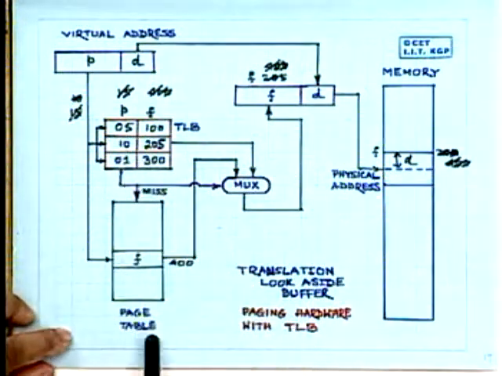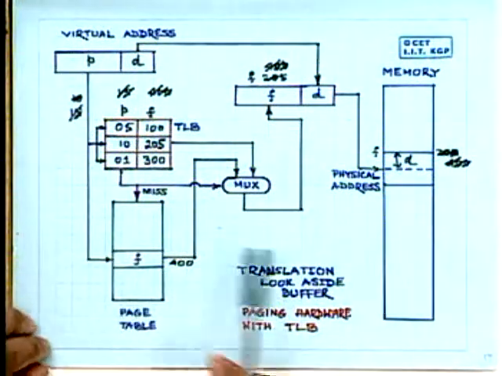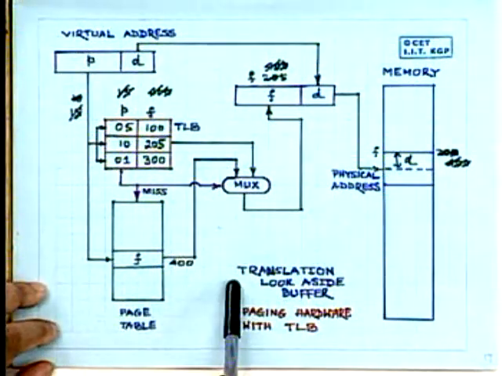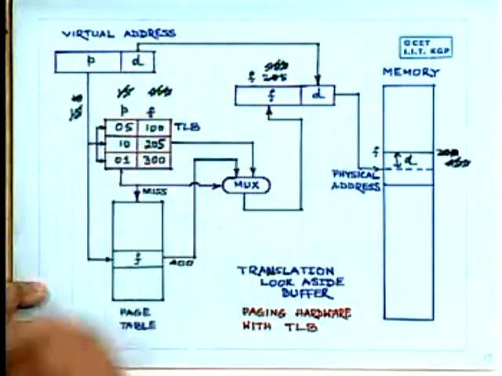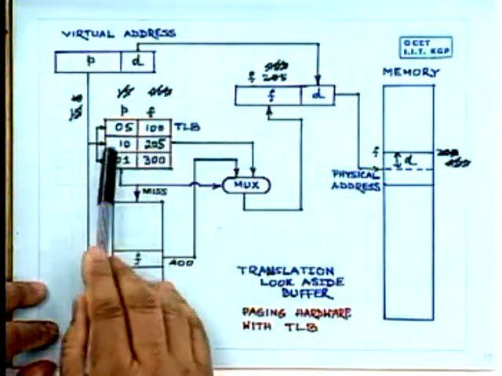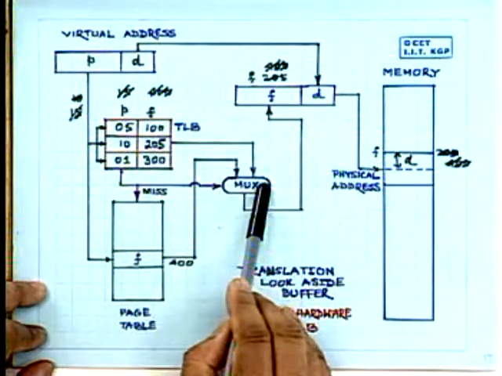Now, let us see in a little more detail what is involved here. Just to have a clear picture, we recapitulate the paging hardware. This is a familiar picture by now: the page number of the virtual address is first checked at the TLB. If it's a hit, that is sent to the multiplexer.